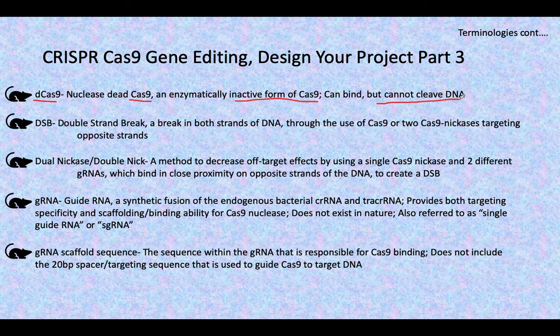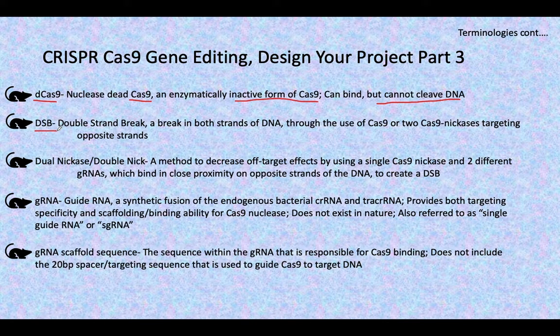So now this dead Cas9 cannot make the DSB, double strand break. If it cannot be used to cut the DNA strands, then why are we using it? Because we have to deliver this machinery to the targeted region. So that's why dCas9 is being used.